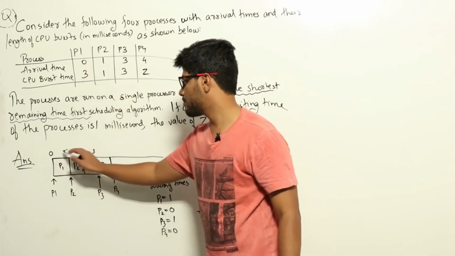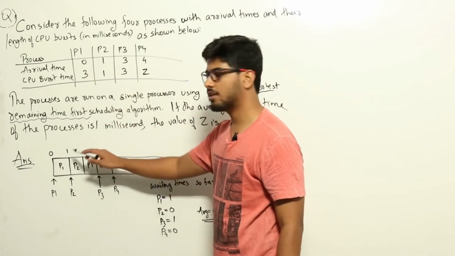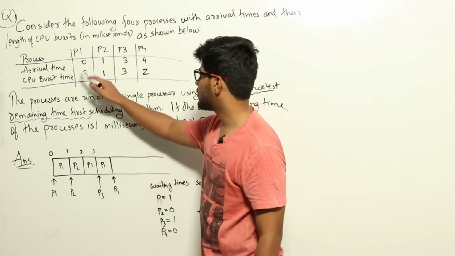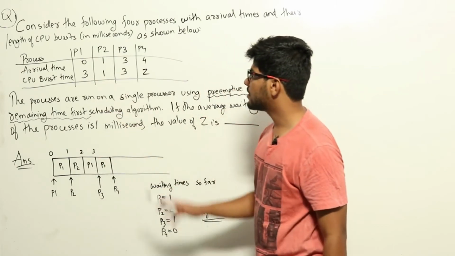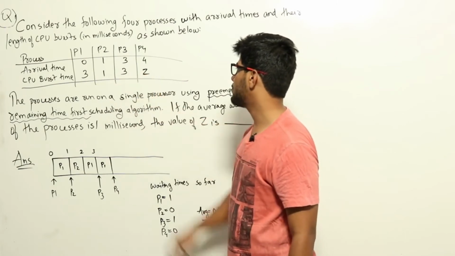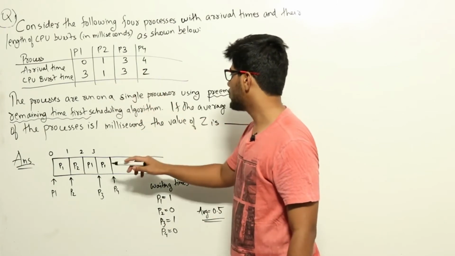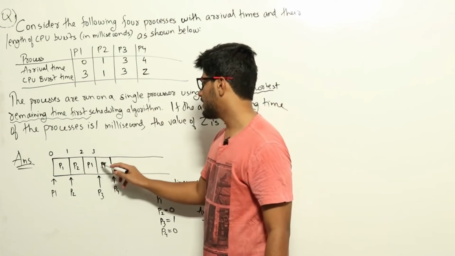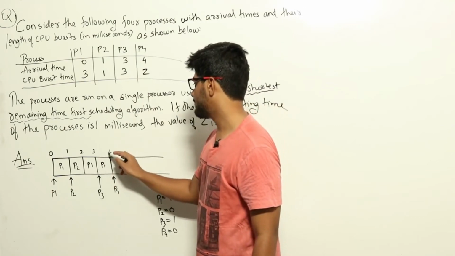P1 ran from 0 to 1 and 2 to 3, meaning P1 ran for 2 milliseconds. It had a total burst time of 3 milliseconds, so the remaining time for P1 is only 1 millisecond. That is less than the remaining time for P3, which is 3. So at time 3 also P1 will keep on running till time 4.